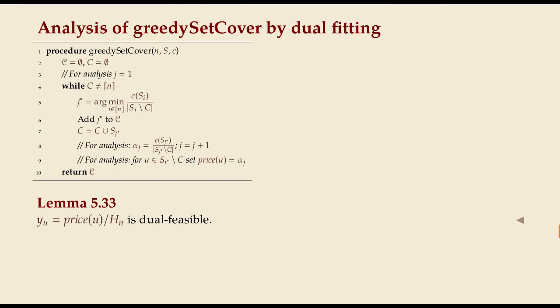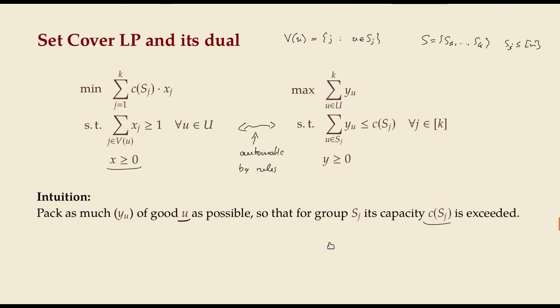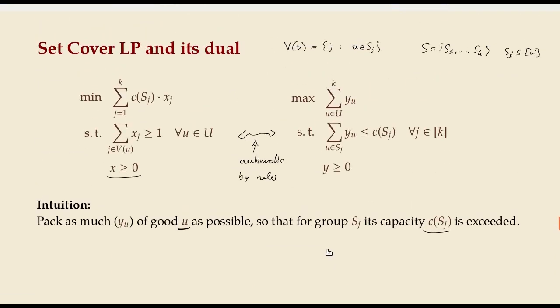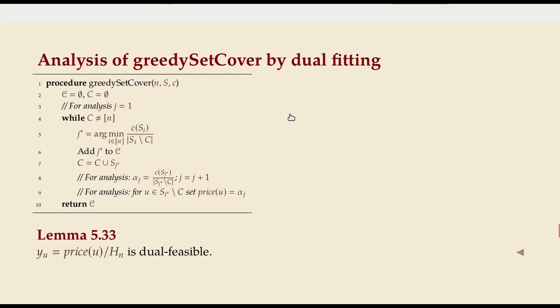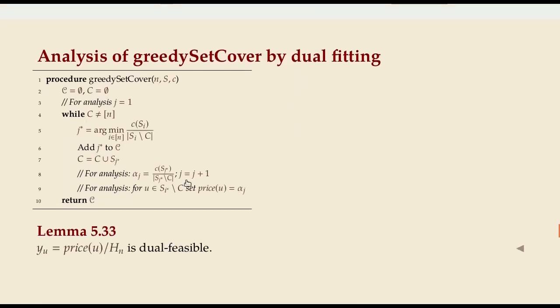I just swapped a bit of the notation to be more consistent with how I used it in the LPs, because it's very well established in the world of LPs and dual LPs to use xj and yi. Here I used u actually because these have meanings for us. So, just to warn you, this is not a very literal copy, but essentially a literal copy of the algorithm we had before, just with a few renamings.